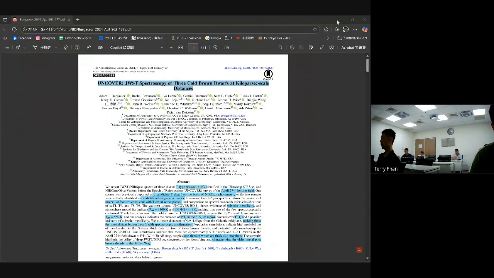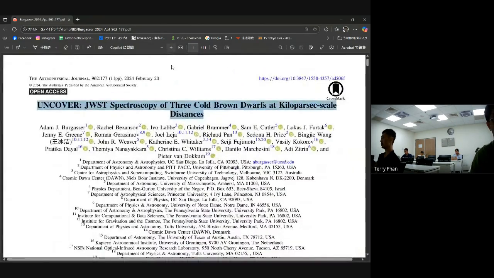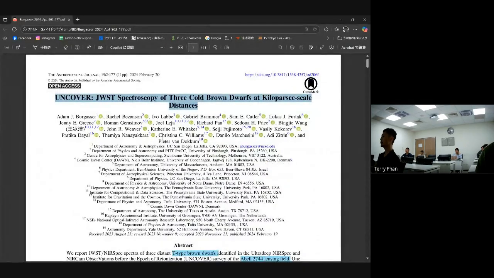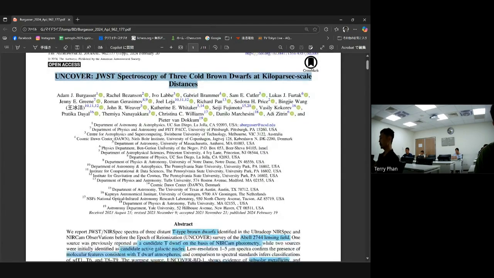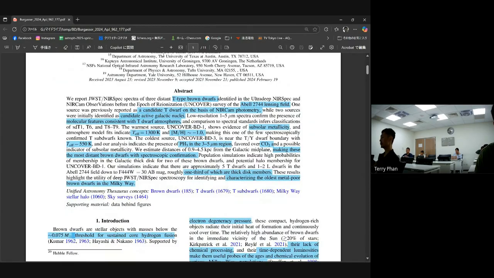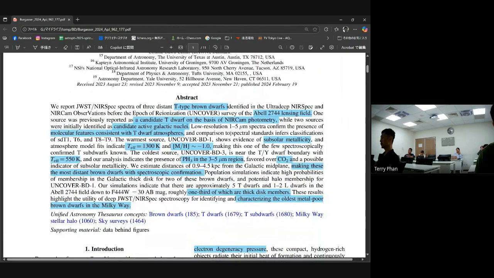Okay, I want to share this paper. This is an uncovered diversity, spectroscopy of 3 cold brown dwarfs, obviously in an uncovered field. So they present 3 spectra.